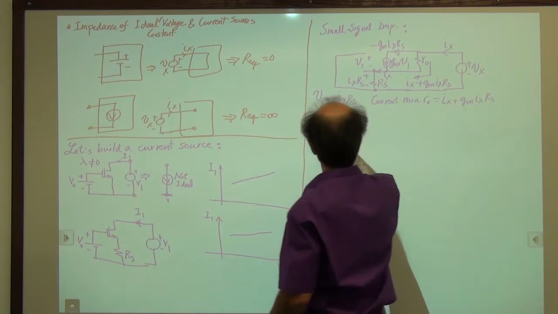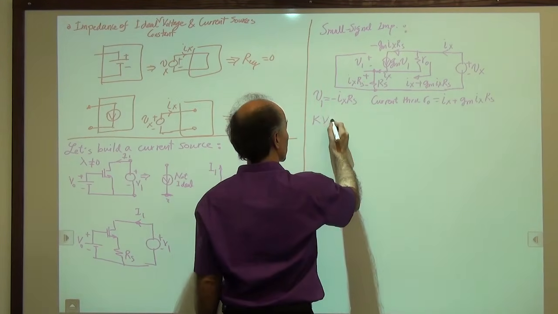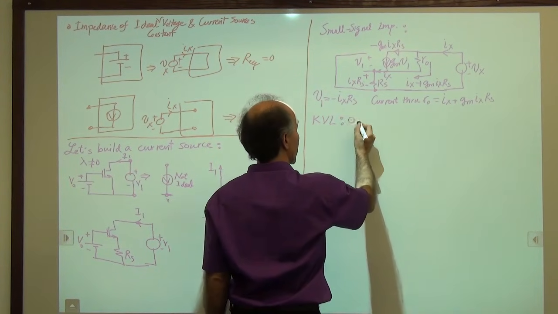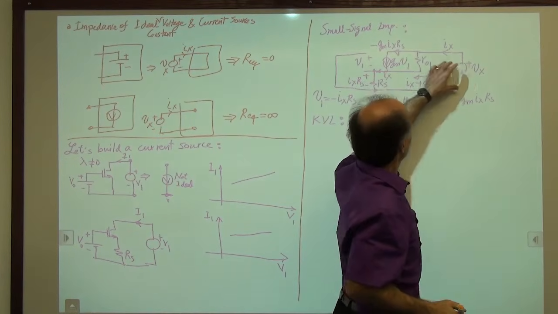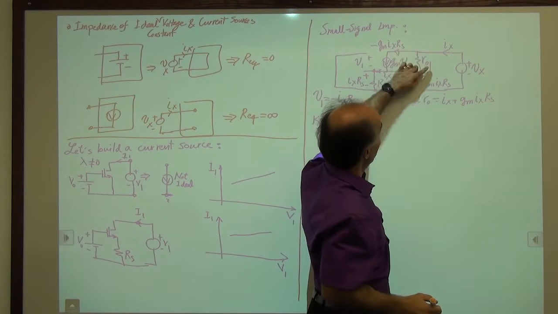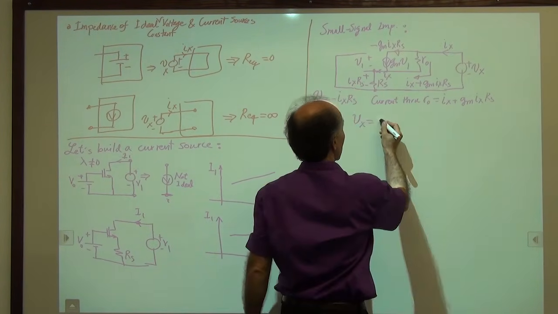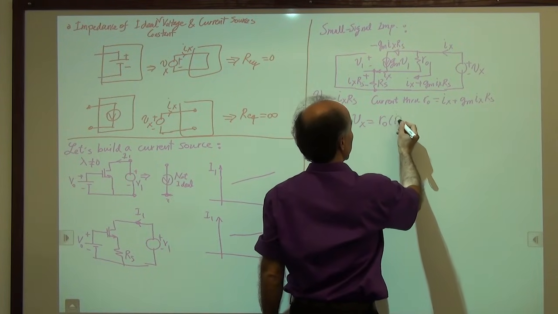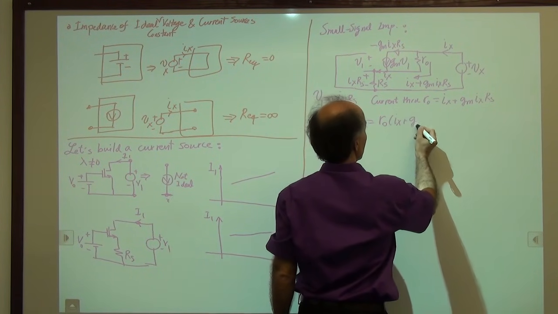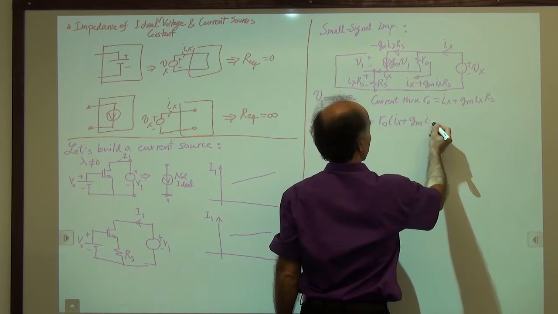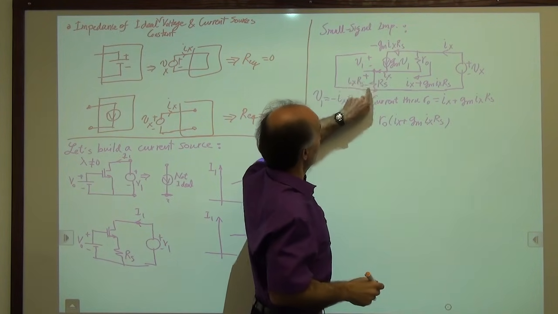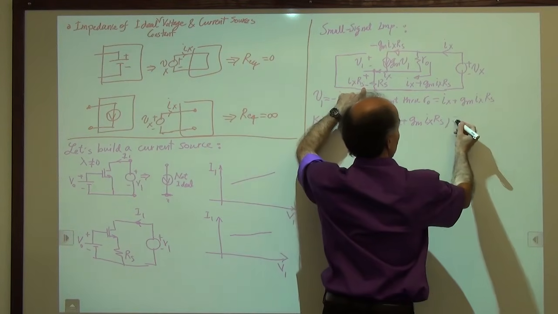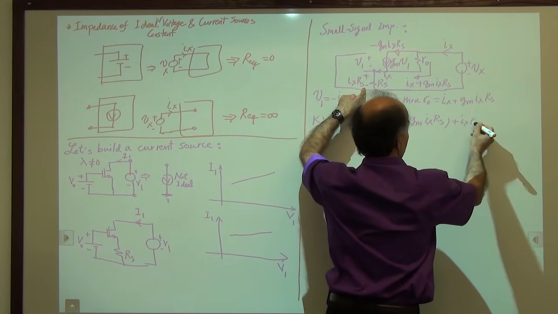So if we write a KVL in the output network, we get Vx is equal to RO times Ix plus gm Ix times RS, and then this voltage, which is Ix times RS, plus Ix times RS.